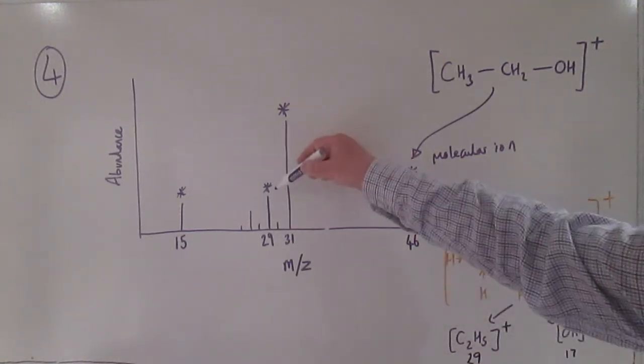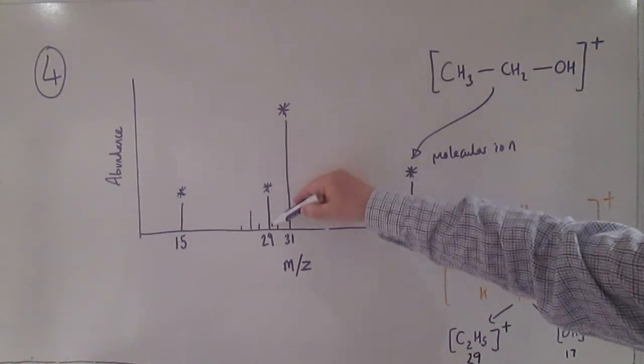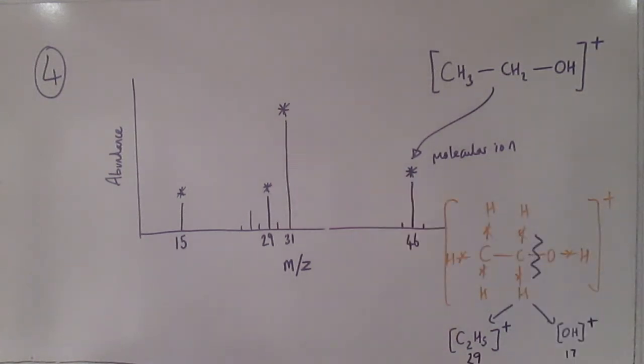You can see the 29 peak is there, and that's probably due to that fragment being formed. The 17 peak, on the other hand, is not there, or at least not as a peak of any convincing size, which suggests that if this fragmentation happens, it nearly always goes in that direction rather than this one.